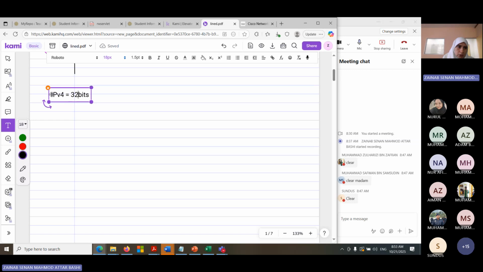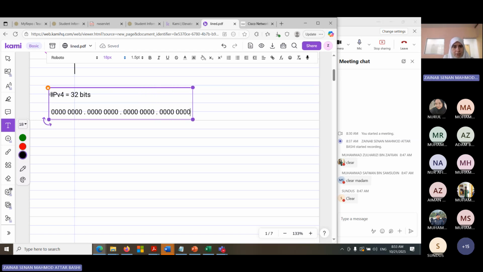So if you want to start counting 32 bits, how many devices can we have? The first IP address ever will be all zeros. That's the first IP address in the range of available IP addresses. Second IP address, what will it be?